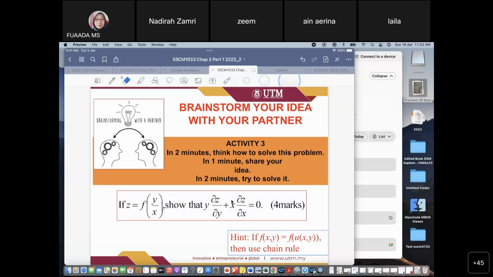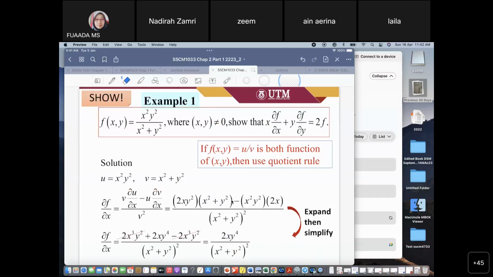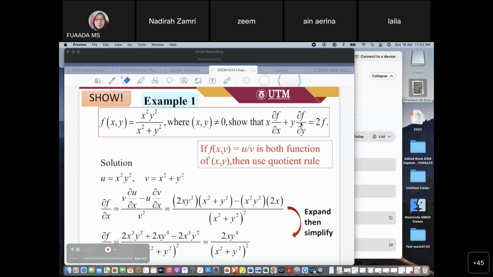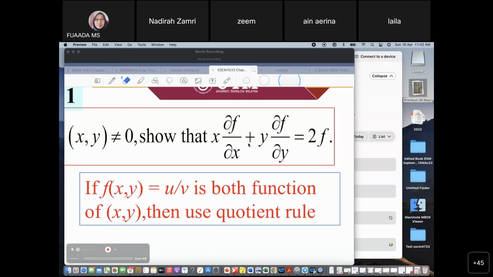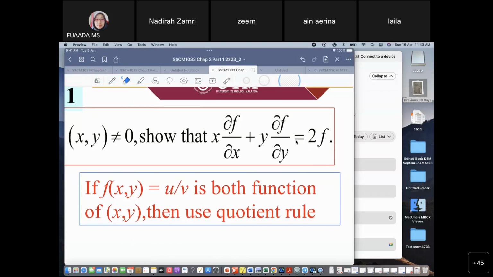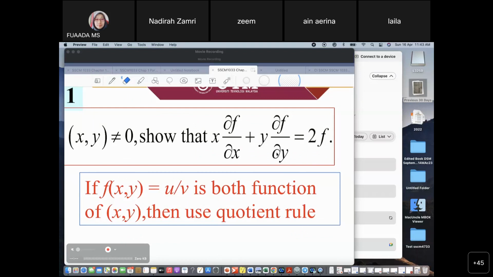So when we talk about the showing question, soalan yang something like proving lah, macam you nak kena proof expression ni sama ada boleh tunjuk pada kiri ke kanan atau kanan ke kiri sepatutnya. So for this case, it is more informative if you start with the left expression to obtain the right expression.